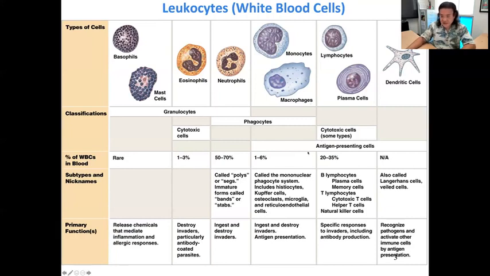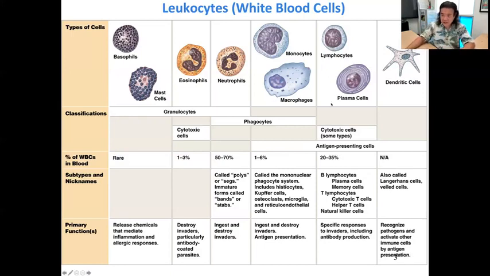A subset of these cells also have the ability to function as professional antigen-presenting cells. What is an antigen? An antigen simply is a molecule that has a particular three-dimensional shape that might be suitable as a unique three-dimensional shape that the cells of your immune system can learn to recognize, right, as being something worth paying attention to.